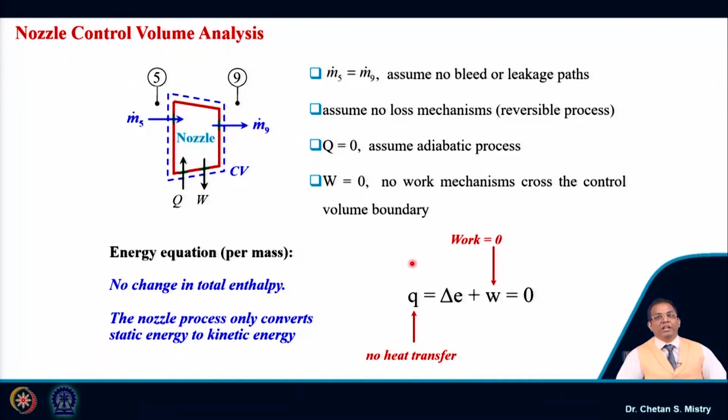Under that condition, my delta E is not changing. What is the meaning of that? It says there is no change in total enthalpy. So the nozzle process is only converting static energy into kinetic energy. If you recall, when we were discussing the intake, we had a similar situation, where we were converting kinetic energy into static energy.